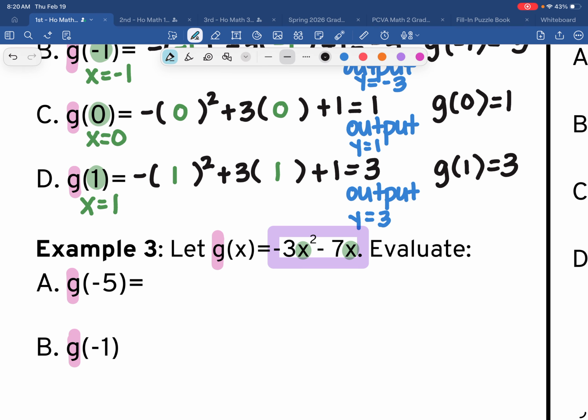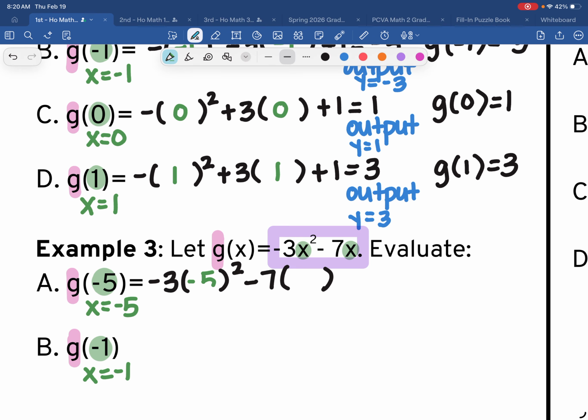All right, so I'm going to take out the x's. So I'm going to put negative 3 in front, parentheses squared, minus 7 times the parentheses. And my input values are going to be negative 5 and negative 1. So we're going to do an input of negative 5 and an input of negative 1.